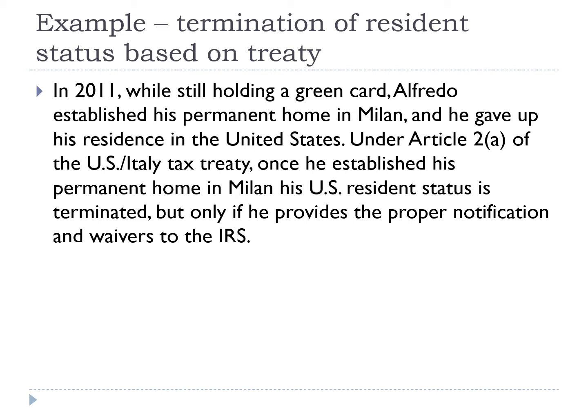Under Article 2A of the U.S.-Italy Tax Treaty, once he established his permanent home in Milan, his U.S. residence status is terminated, but only if he provides the proper notification and waivers to the IRS. Note that the same result would have been reached if he had officially surrendered his green card to the U.S. Immigration and Naturalization Service.